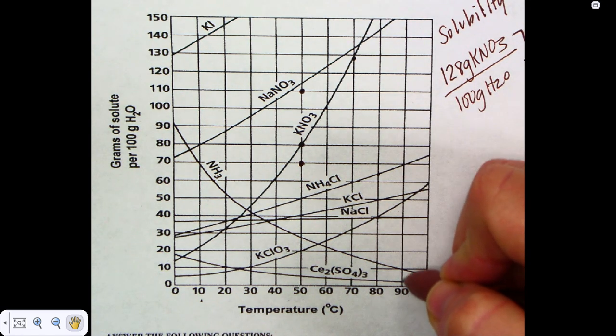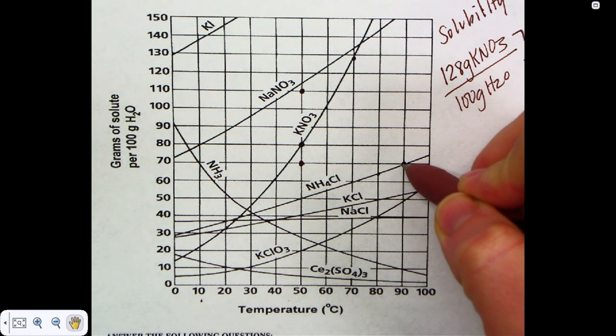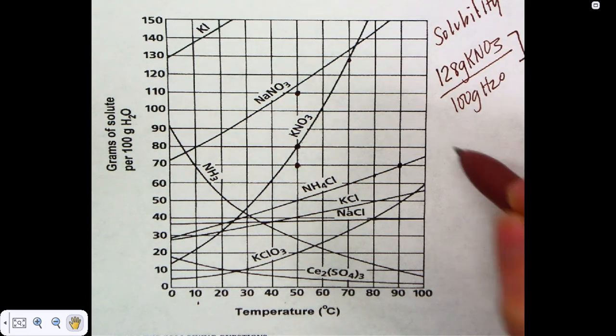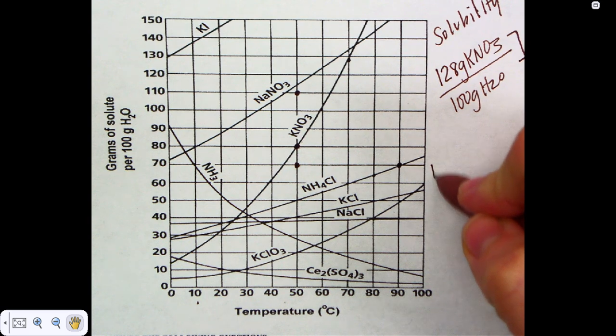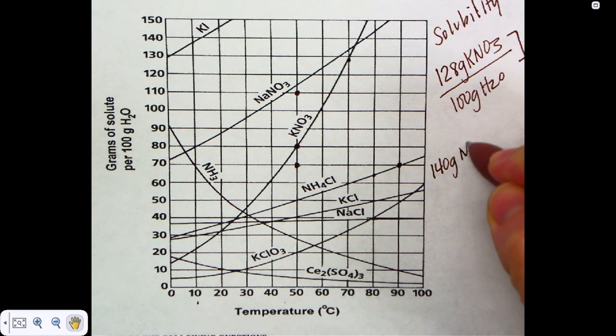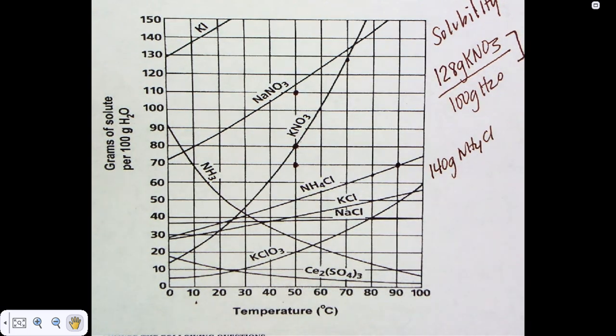I come to my 90 degrees Celsius, I go to my ammonium chloride, and it's 70 grams. If it's 70 in 100, then I would double that and it would be 140 grams of NH4Cl in 200. If it was 300, I would multiply by 3. If it was 400, I'd multiply by 4. Okay, so that's your basic information on how to read a solubility curve.